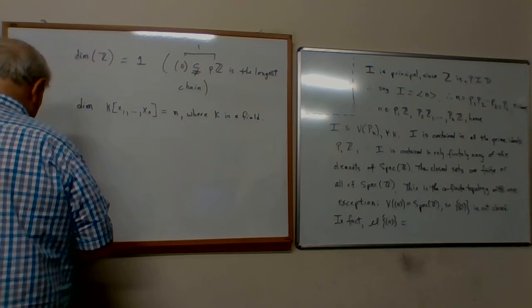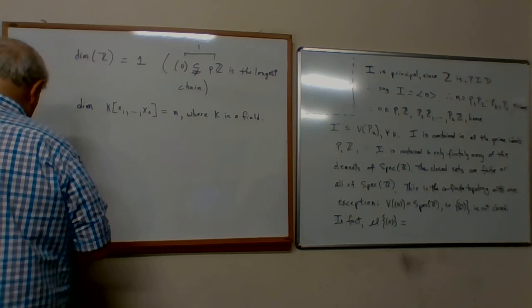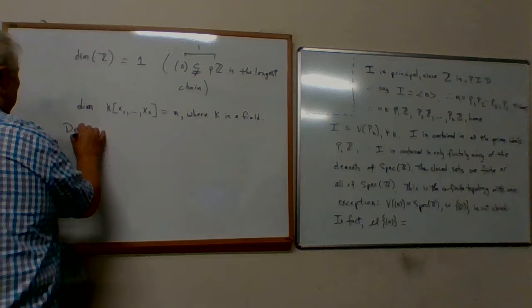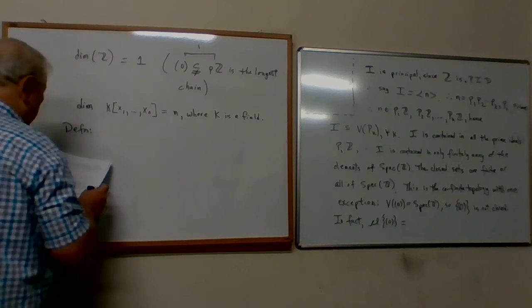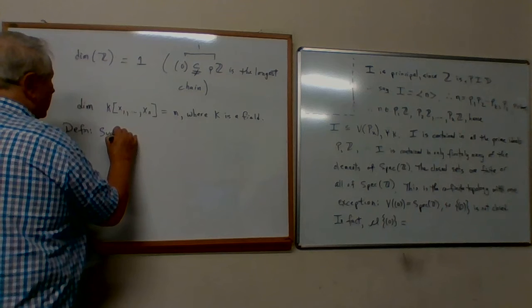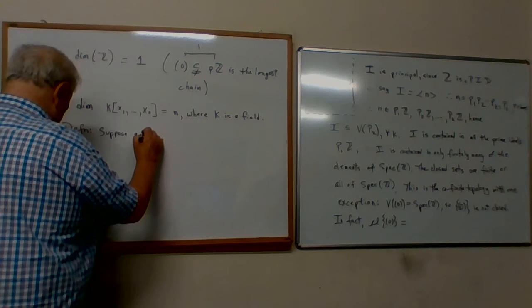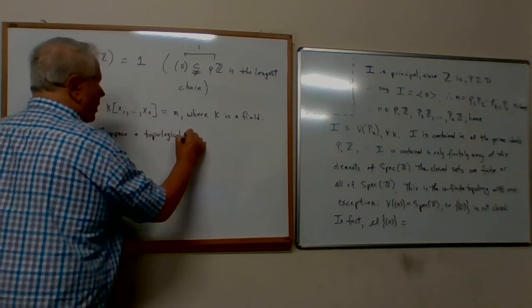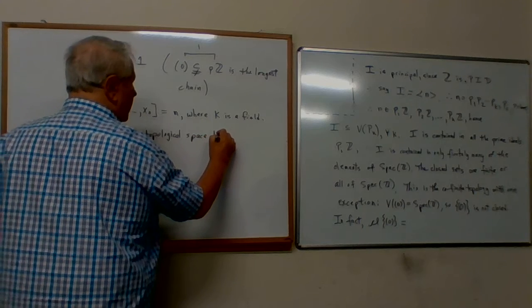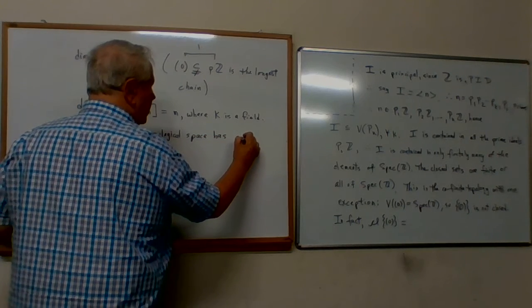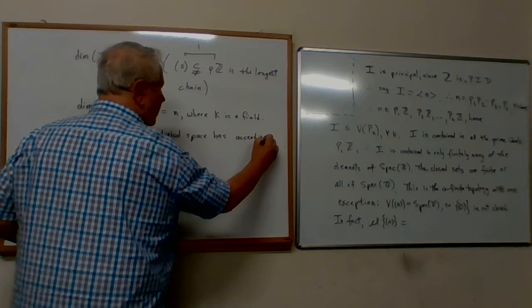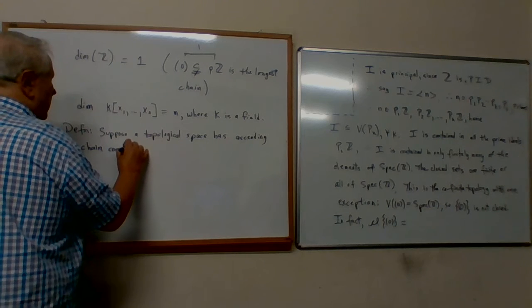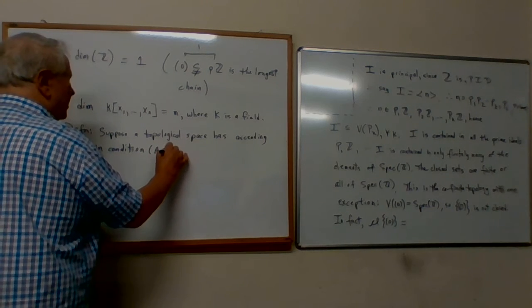Let's see, what else? Let's do another definition. Suppose a topological space has the ascending chain condition, which I haven't defined yet, henceforth forevermore ACC.